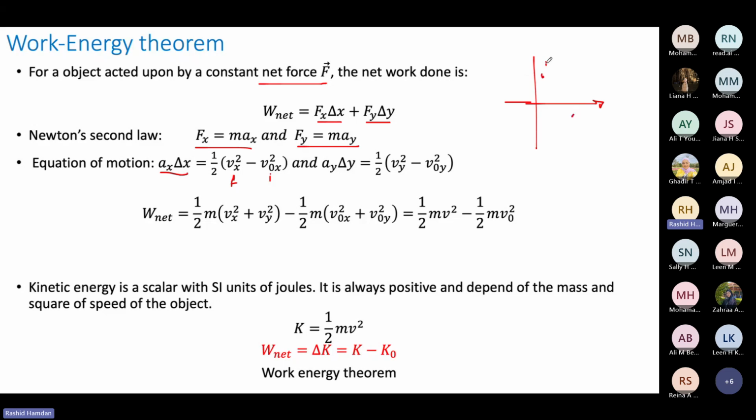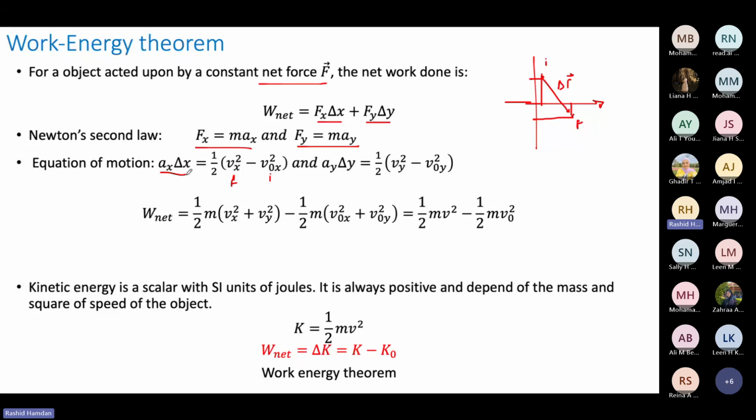So I'm going from here, x initial and y initial, to x final and y final. So this is my delta r. This is from chapter 2, and if you need to ask me about it, let me know. This is when we have a constant acceleration, but the equation that we're going to derive actually applies even if we have a variable force.